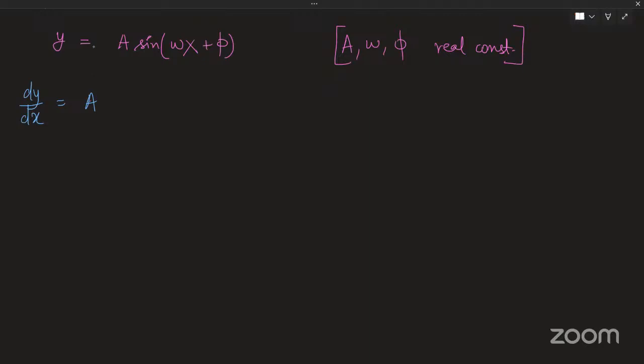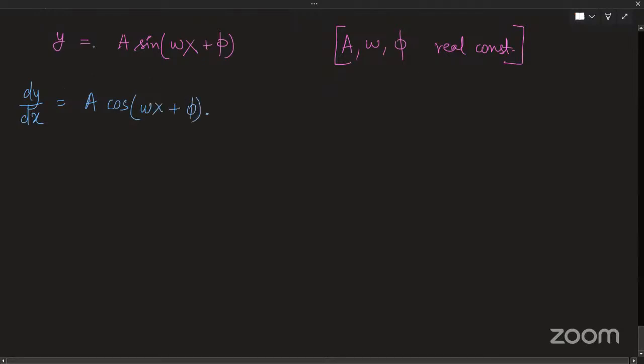So it is cos of omega x plus phi into omega. So this thing can be written as a omega into cos of omega x plus phi.